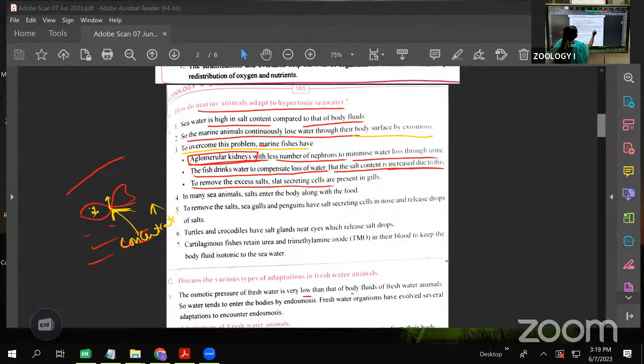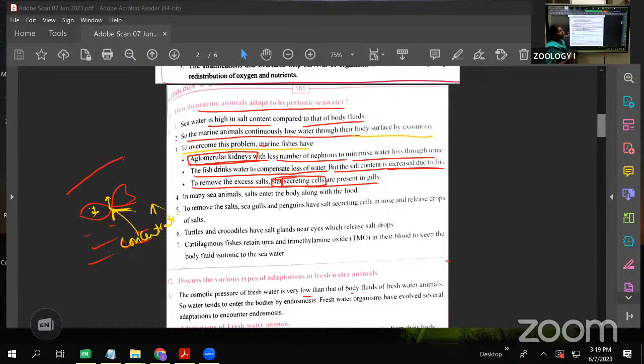One more adaptation is there: salt secreting cells. They have aglomerular kidneys with fewer nephrons, and fishes drink more water to make up for the water loss.